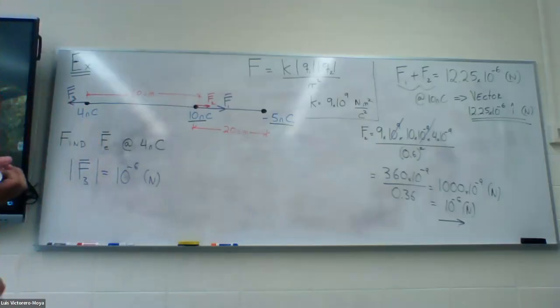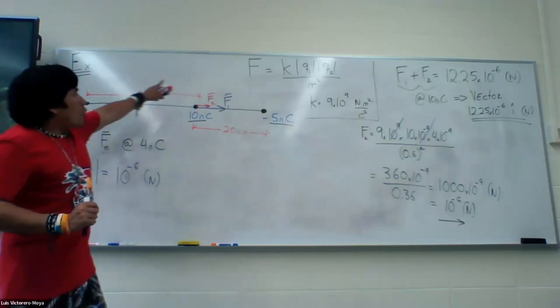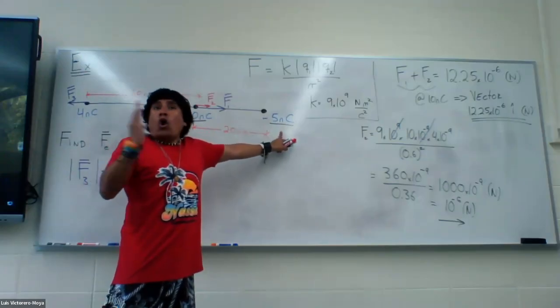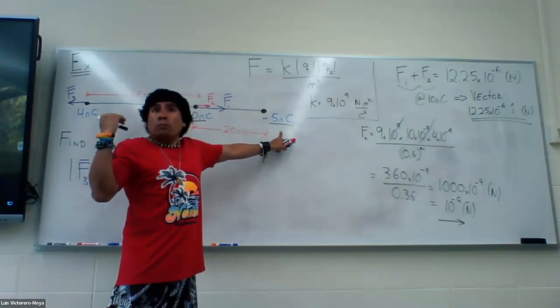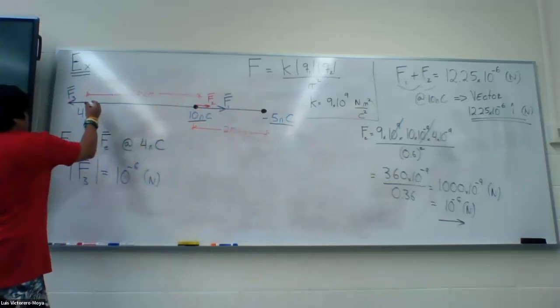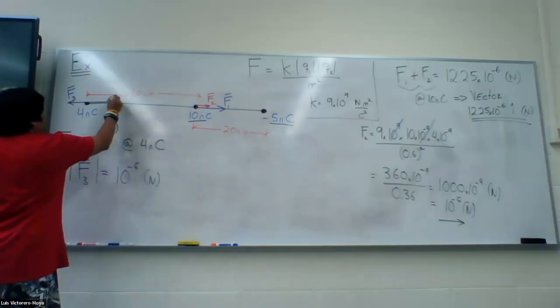That makes sense, right? But is that the only force acting here? No. There is 4 nanocoulombs and also negative 5. But they are opposite charges, positive and negative. So they attract. So there is a force of attraction here. Let's call it F4.